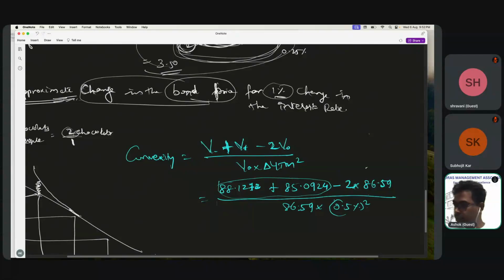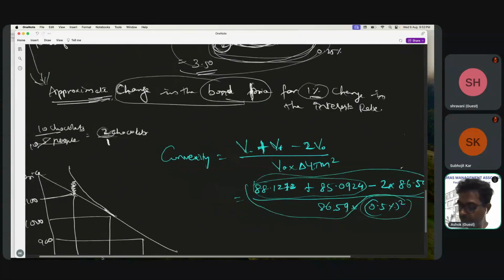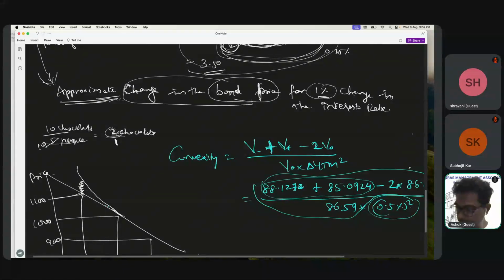Now why is it like this? Why am I squaring it? Because convexity is the second derivative. This movement is happening, and then based on this movement, the convexity is happening.